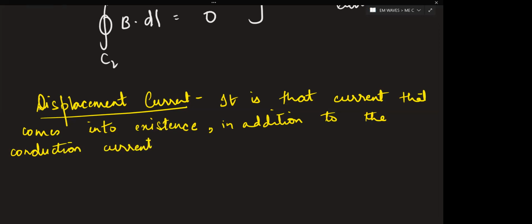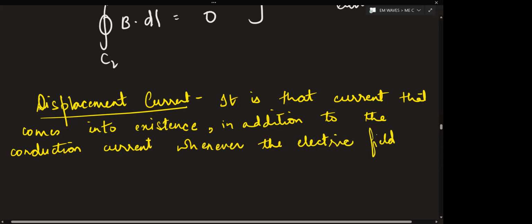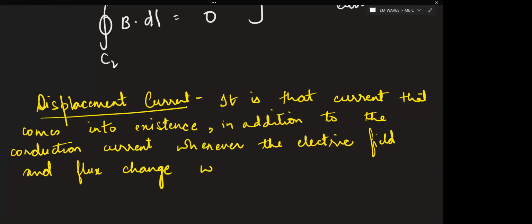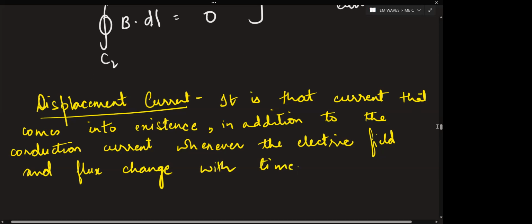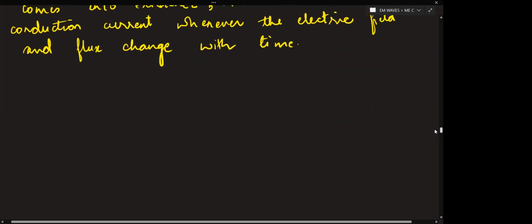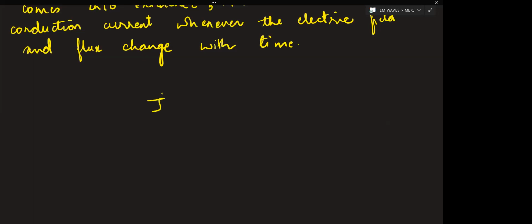Now, one more thing is there: whenever electric field and electric flux change with time, that additional current apart from the main conduction current is known as displacement current. One thing you have to remember in displacement current is its definition, and the second thing you have to remember is the formula.